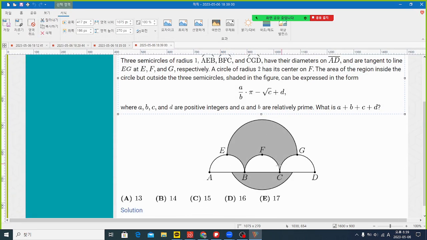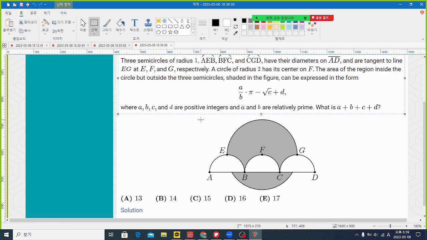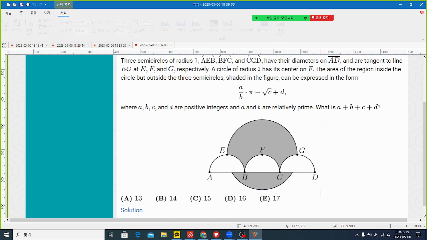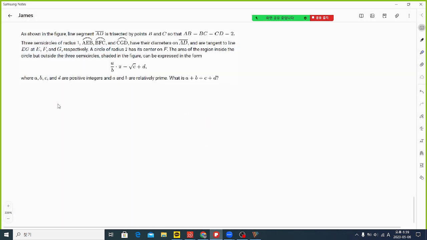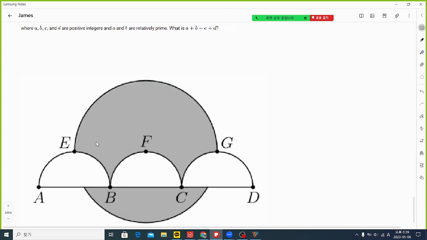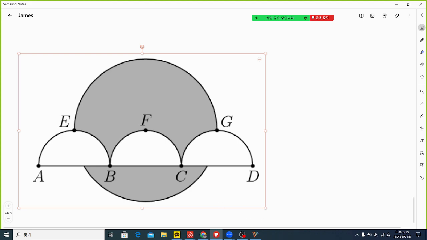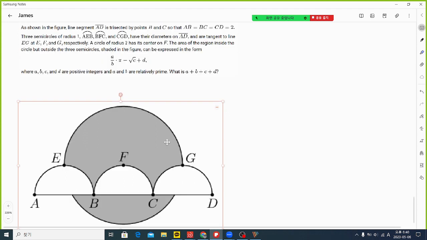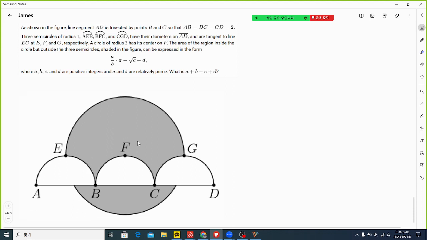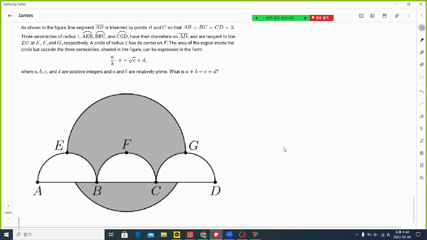So basically, we want to find the area of the shaded region. Yeah.